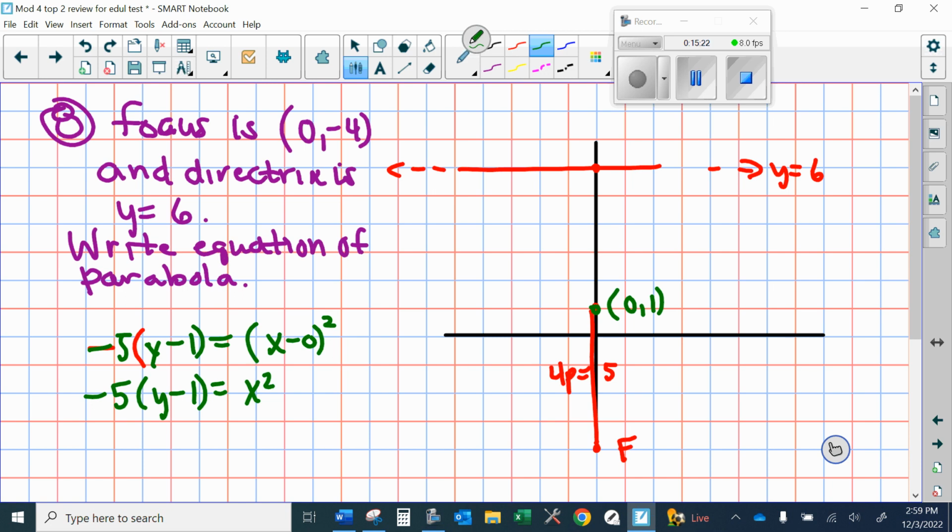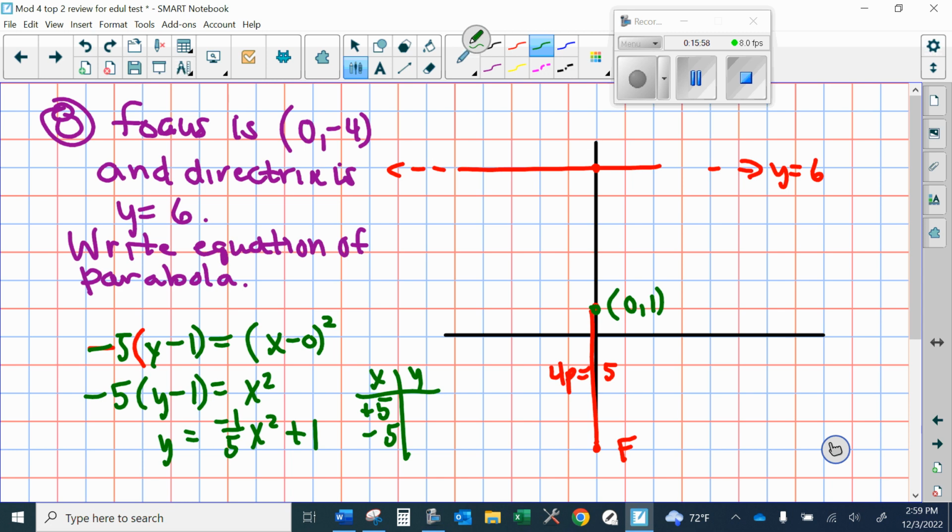If we were to solve that for y, I'd have y equals negative 1/5 x squared plus 1. So I still see the vertex is 0, 1. It's negative 1/5, so that's a wider one, going out and down. For sketching that, I'd want to pick x equals plus and minus 5, because 5 squared is 25, which cancels with the 5.